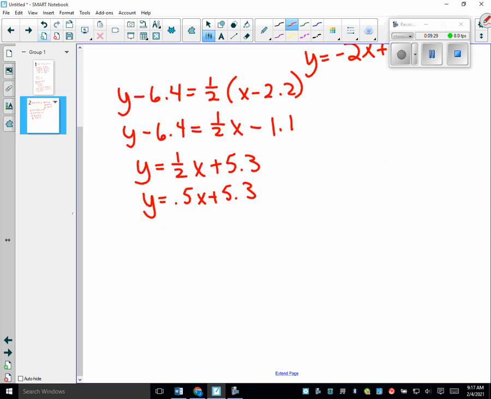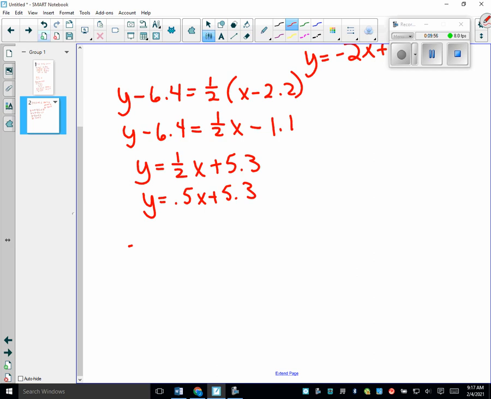Now, that's a good answer, but I also need one in standard form. Okay? What should I do? Move x. What would you do first? Move the x in this. Okay.